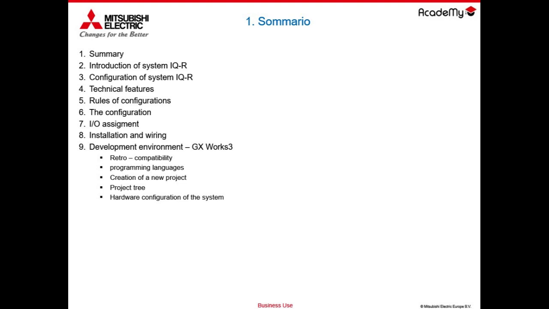Clearly, a programming environment is made up of a project tree, the main window that we will find on the left of GX Works 3, and in this regard we will get to know the elements that characterize the tree. In a PLC software project, a configuration of the hardware with which it will then physically interface will be executed. Therefore, it will be shown how to make a hardware configuration in the GX Works 3 project.